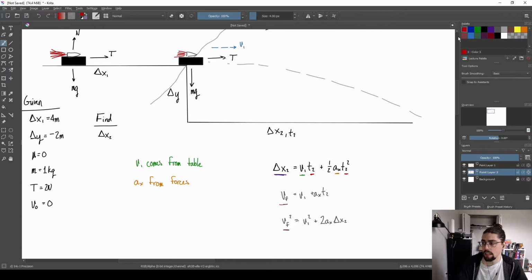And what about t? When do we know to stop the stopwatch, to say that's the end? What's our condition for that? When it hits the floor, exactly.